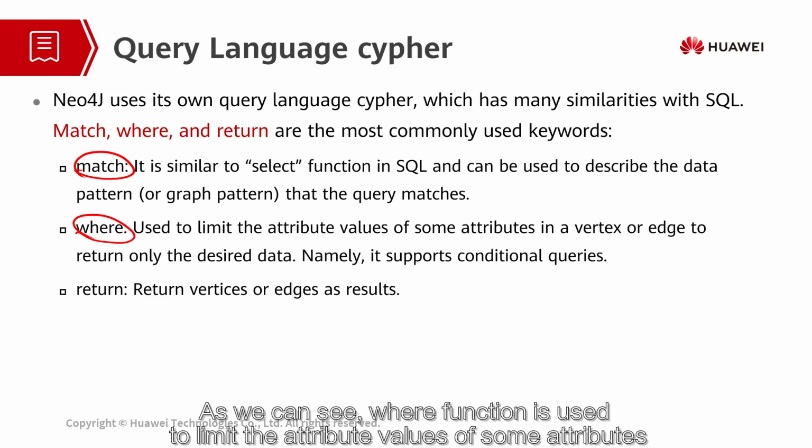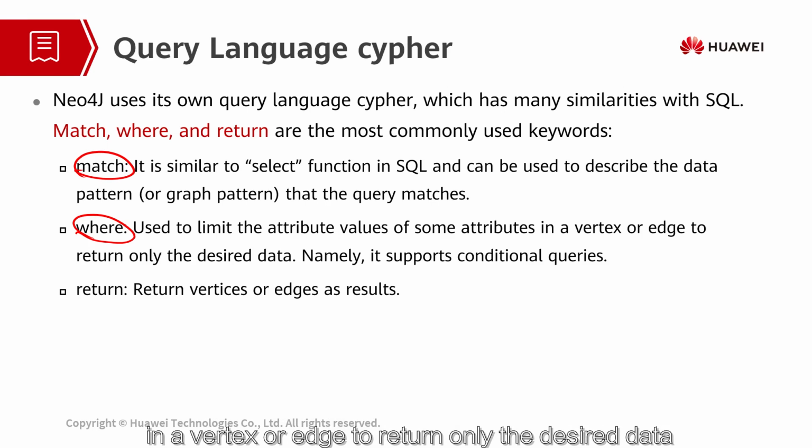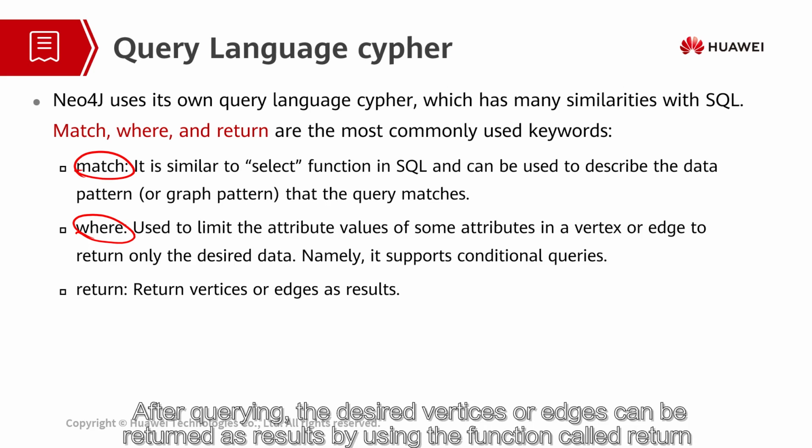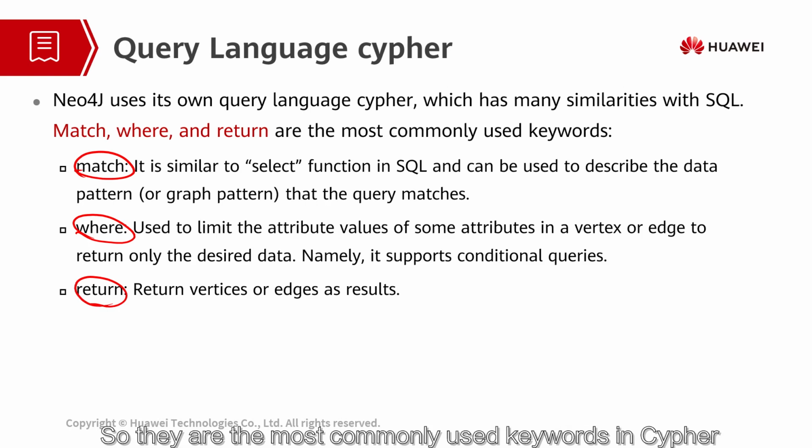As we can see, where function is used to limit the attribute values of some attributes in a vertex or edge to return only the desired data. After querying, the desired vertices or edges can be returned as a result by using the function called return. So they are the most commonly used keywords in Cypher.